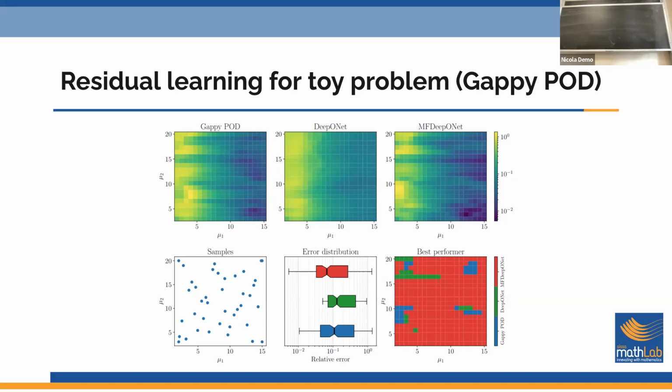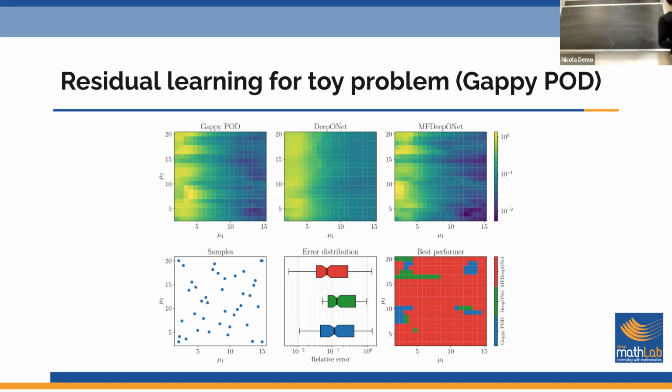Basically, we try to fit a DeepONet model only with the high fidelity data, and then combine the two things like in the schema I showed you. And as you can see, of course, it's not really understandable from just the color, but if you look at the best performing plot, you can see that our method is almost the better one in almost all the domain.